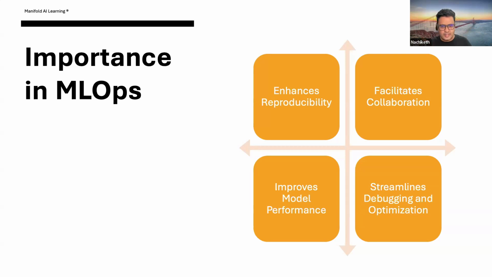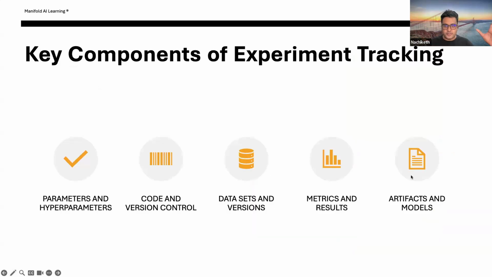When we think about experiment tracking from the MLOps project standpoint, these are the key components that make it up. We have the parameters and hyperparameters. Parameters are the default values that we'll be specifying, and hyperparameters are the values that we have to manually feed in for our machine learning models to train.